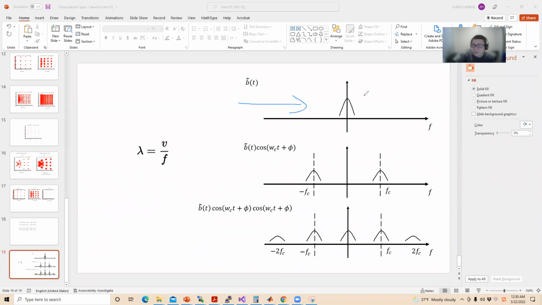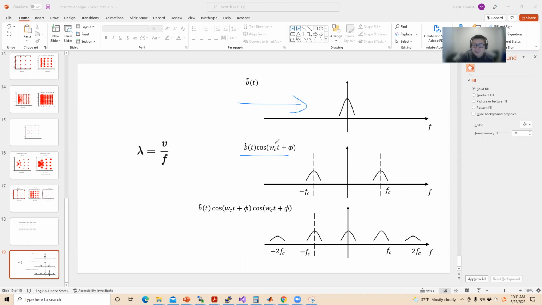And this is a representation of the baseband signal. If we just multiply the baseband signal with the cosine function, cosine of omega c t plus phi, you can see there will be two peaks, which are located around minus FC and FC.